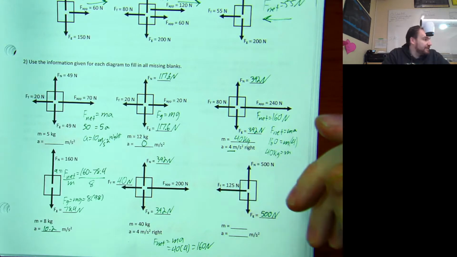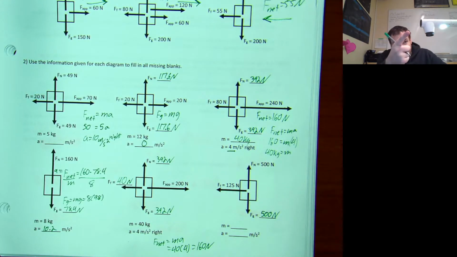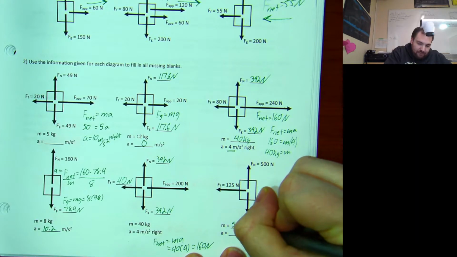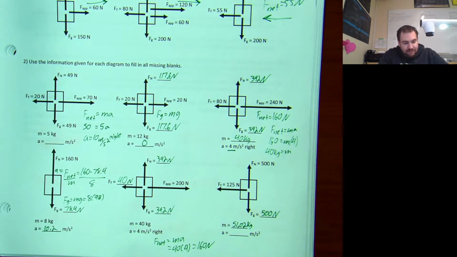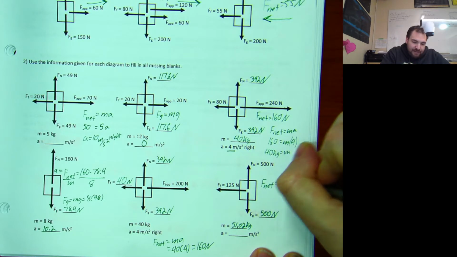What's the value you got? I didn't calculate it, I'm just doing it in my head. 51.02 kilograms. So then we've got the acceleration: Fnet equals ma.